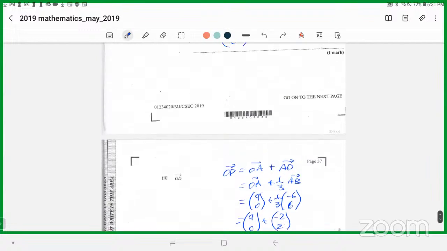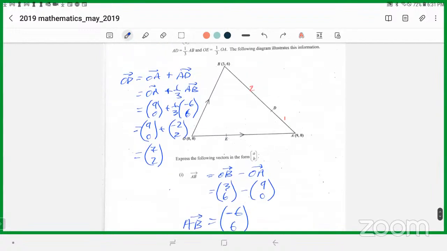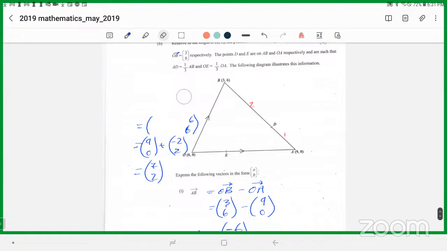Next question I want is BE. Let's look at the diagram. We go from B to E now. BE. Now we want to go from here to here. Looks like 0, -6 to me, like I just come straight down. I remember they said that OE is 1/3 of this, and the whole thing is 9, and 1/3 of 9 is 3.